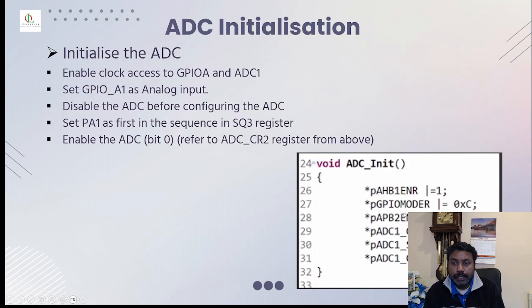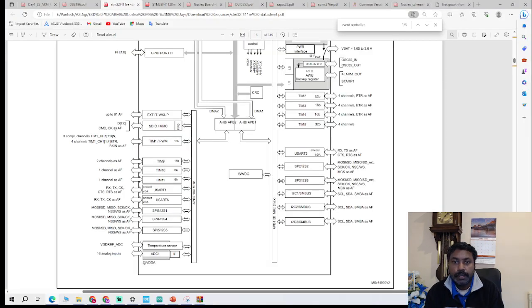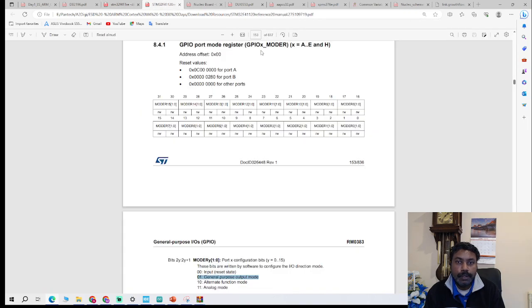So enable that, and then you need to set the GPIO mode register, which, if you go to page 198, you need to set the bits in the reference manual. We are using port A, pin 1, so we're going to use pin 1.